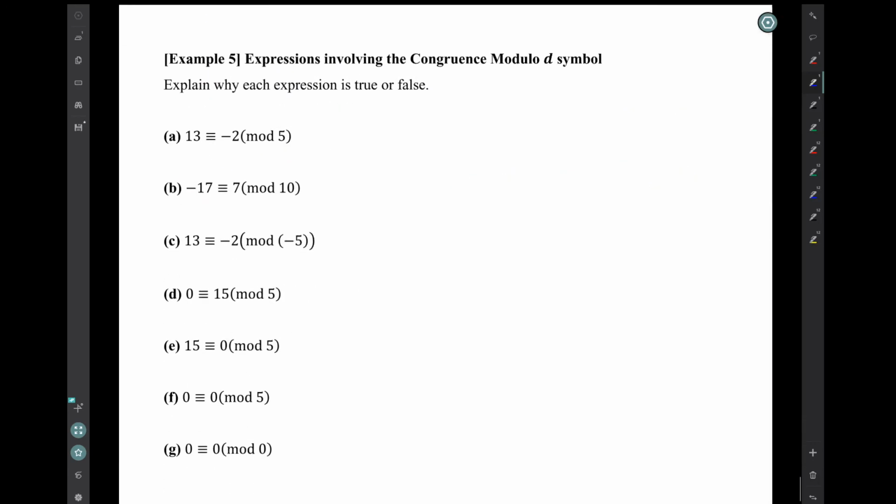Let's go on. In our final example for this video, we'll consider expressions involving the congruence modulo d symbol. And so in this example, we simply explain why each expression is true or false. Well, this expression is true.